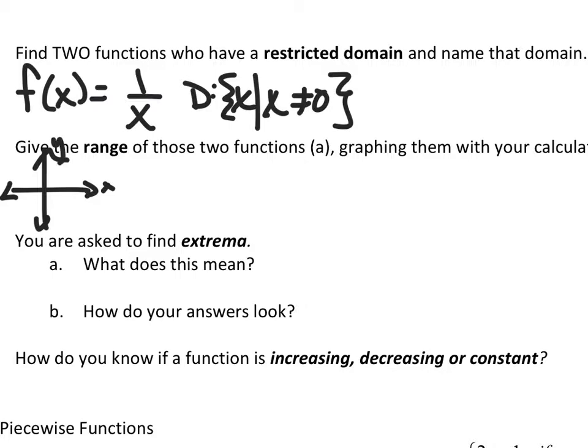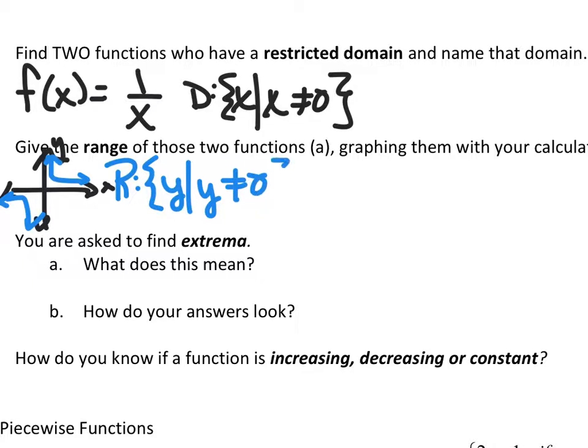It's down here in the bottom third quadrant, and up here in the upper right quadrant, it's a hyperbola. And for this guy, the range is the set of all y's such that y cannot be equal to 0. Sometimes you can only find the range by looking at the graph.